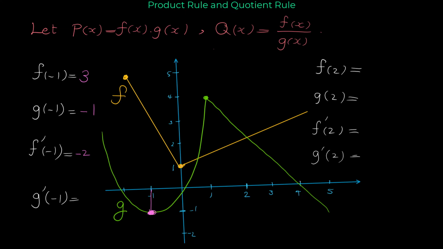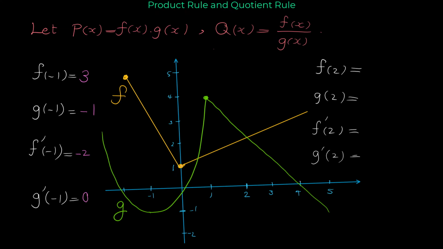What is the slope of curve g at this point? If you draw the tangent line, you can see that the slope of curve g at -1 is 0. When we draw the tangent line it is a horizontal line. So g prime of -1 is 0.